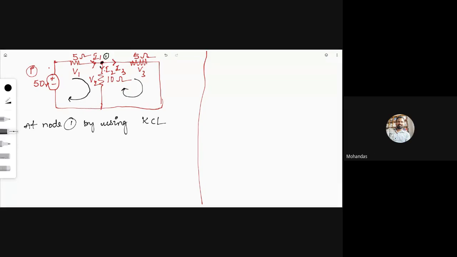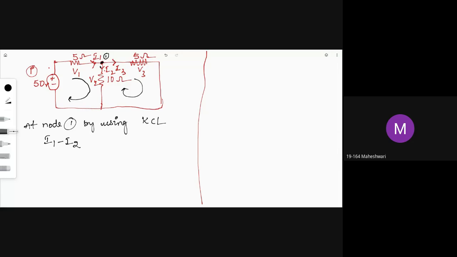Can you tell me the KCL equation at node 1? I1 minus I2 is equal to 0. Very good. I1 minus I2, only 2 currents are there, equals 0. Is it? No, sir, 3. The 3rd current should be included also. I3 current is also there, but is it an entering current or a leaving current?